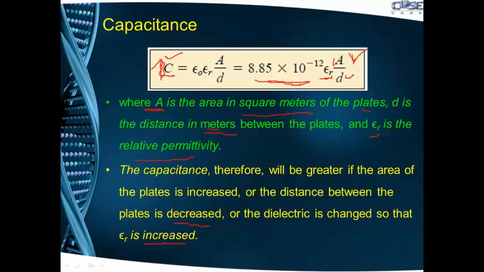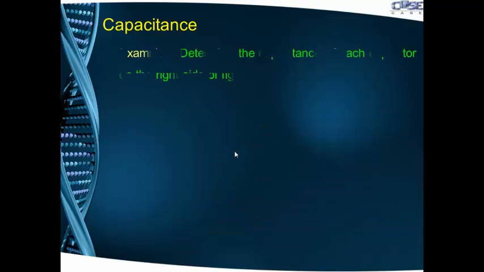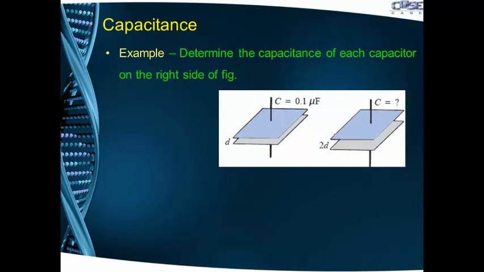So let me show an example. Determine the capacitance of each capacitor on the right side of this figure. So this is the parallel plate capacitor whose capacitance is required to be determined. On the left hand side, a capacitor is given whose value is 0.1 microfarad, and the separation between the plates is D. If we double the separation between the plates, then what would be the capacitance?